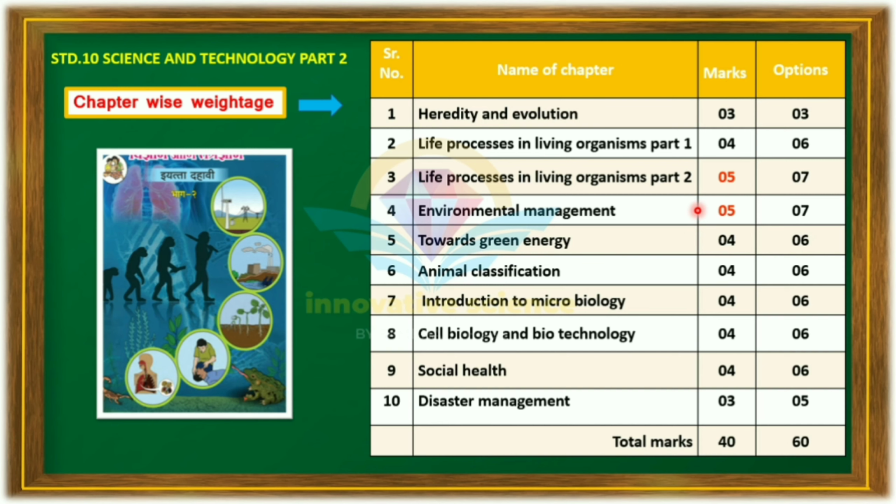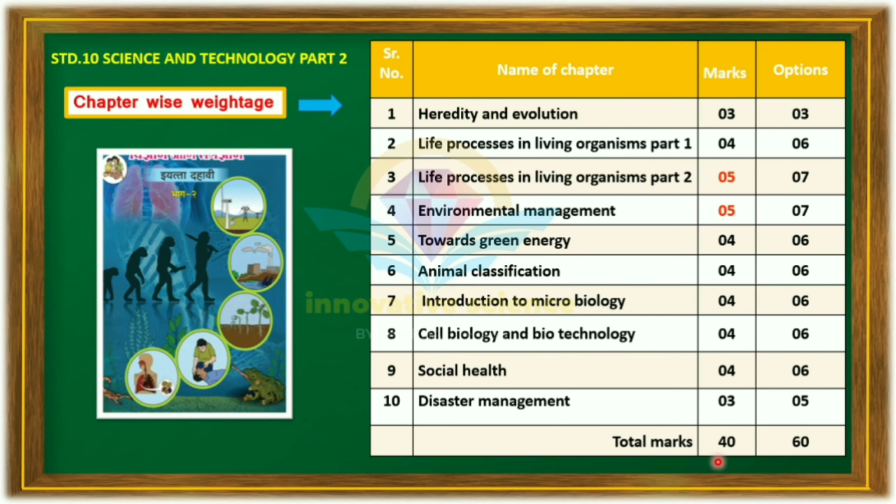These two chapters contain 5 marks, meaning question number 4 will be asked from these two chapters. So make these chapters perfect. From this table you will get an idea which chapter has how many marks and what weightage is given for each and every chapter. So keep this weightage in your mind while studying.